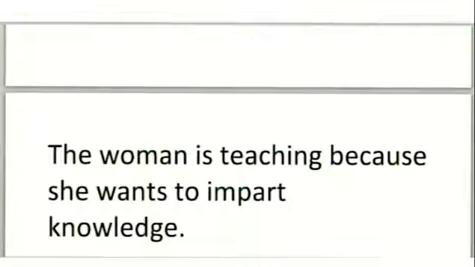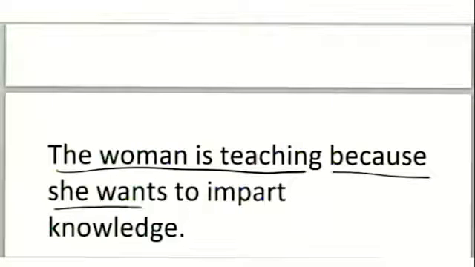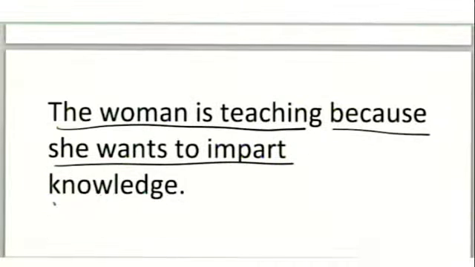You have two clauses. The woman is teaching, and then because she wants to impart knowledge. So we have two clauses in here.